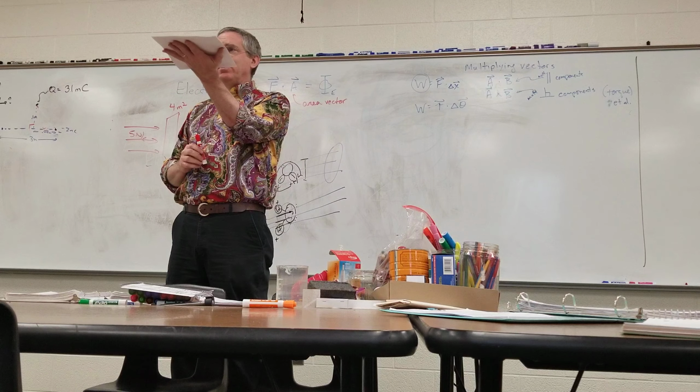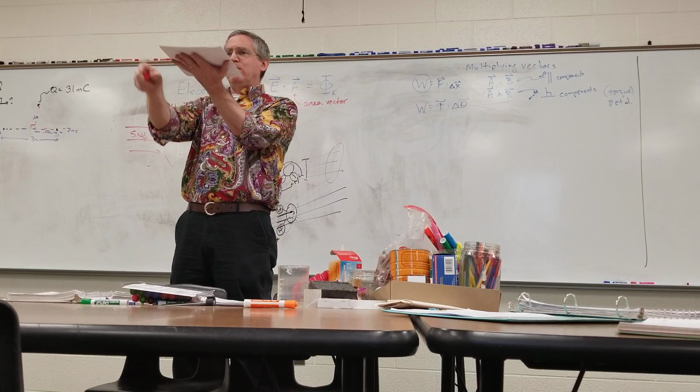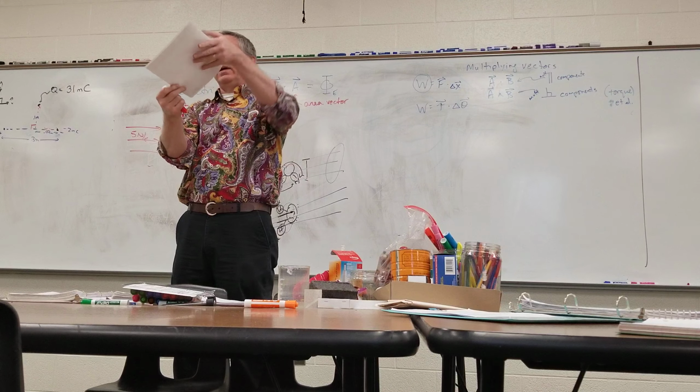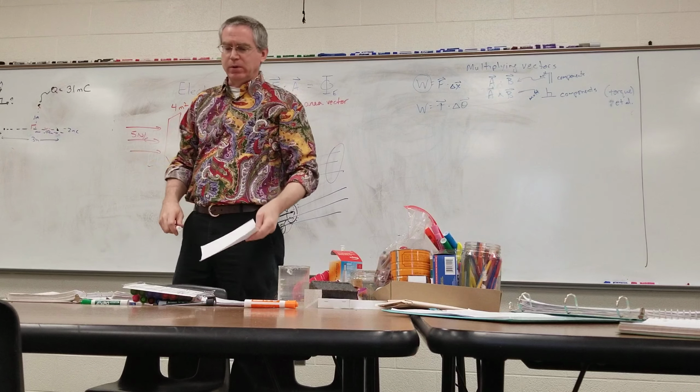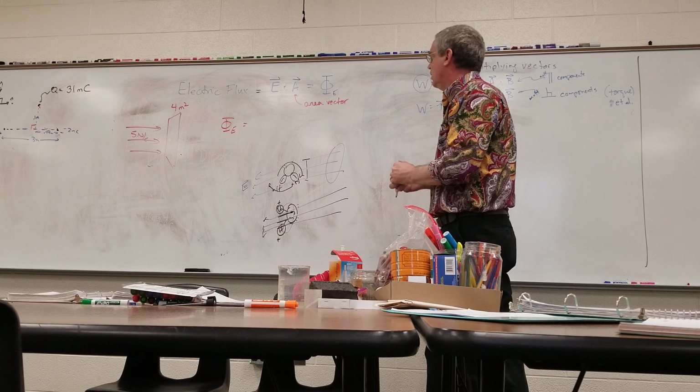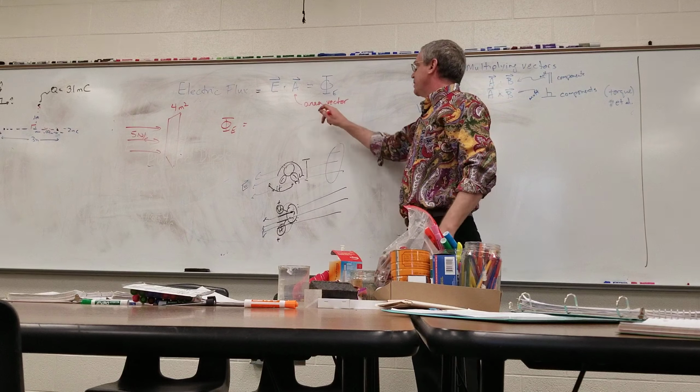Now, a piece of paper has 2 surfaces, so the vector could be up, or it could be down, or to my right or to my left, depending on how you want to do it. So the direction of the area vector is perpendicular to the surface.